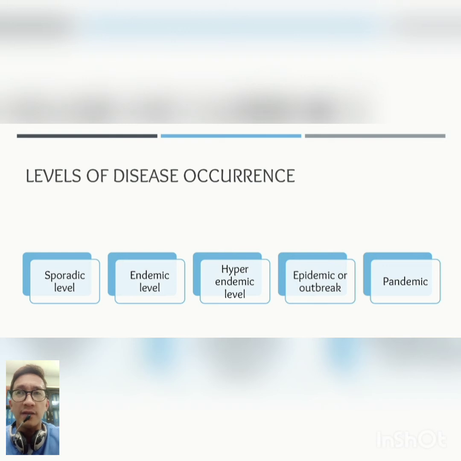In sporadic level, the cases are so few, it could be in a single or in a cluster, and separated so widely in time and place that there exists little or no connection within them. They also do not show a recognizable common source of infection. Like we have your tetanus, rabies, and your plague. Those are just common examples of your sporadic diseases.